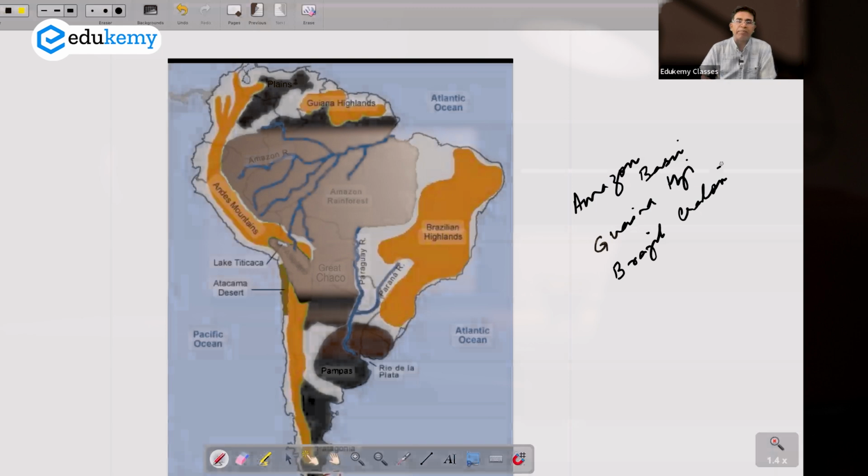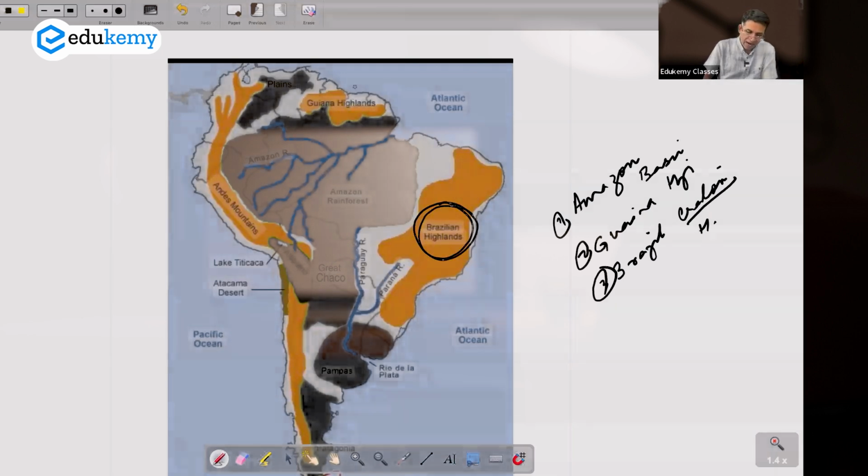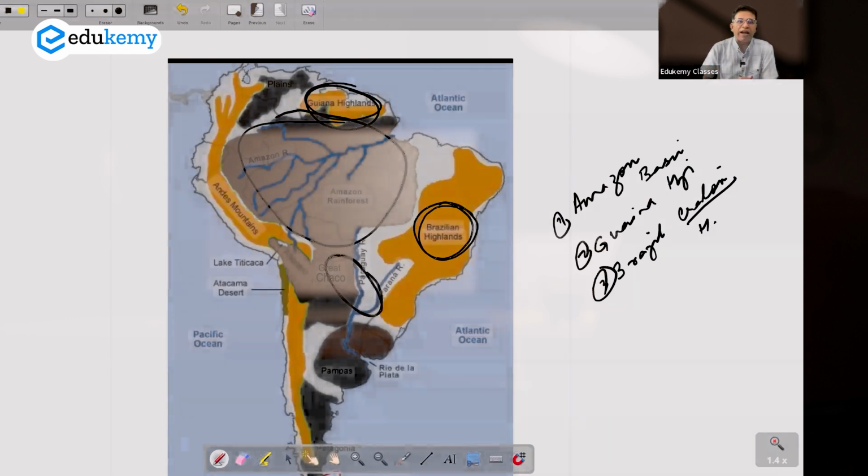Brazil के mountains हैं, Brazil के highlands हैं. These 3 parts are part of Brazil. So this is Brazil Highlands or Brazil Craton बोलते हैं. This is Guyana Highlands north में है. Okay, and of course this large part called as the Amazon Basin. And Paraguay, ये यहाँ पर country Paraguay है. Paraguay is not part of Andes.